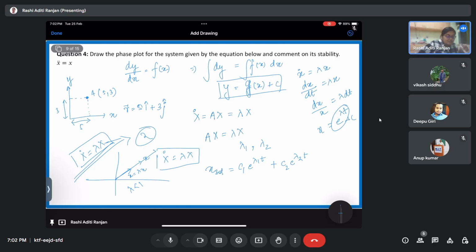Now, lambda 1 and lambda 2 could tell me how the stability of the system is going to be, because it is exponential. If lambda is positive, we get a certain sort of solution. If lambda is negative, we get a certain type of solution. So that could happen.